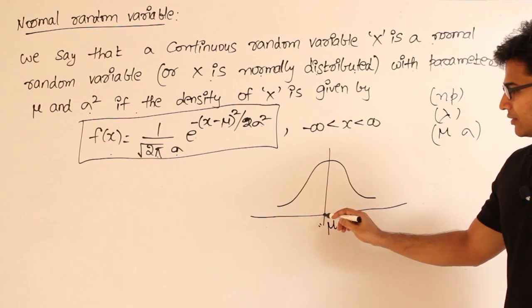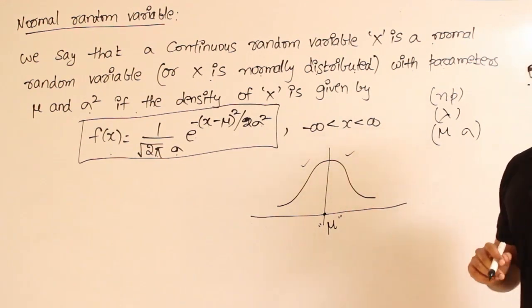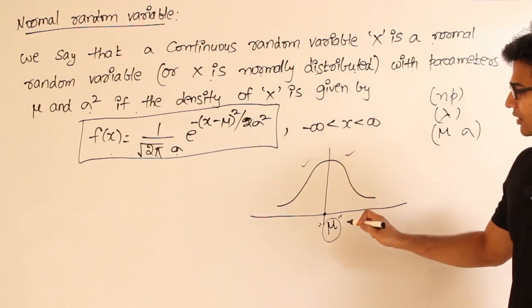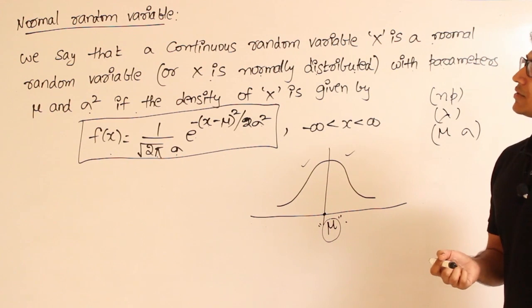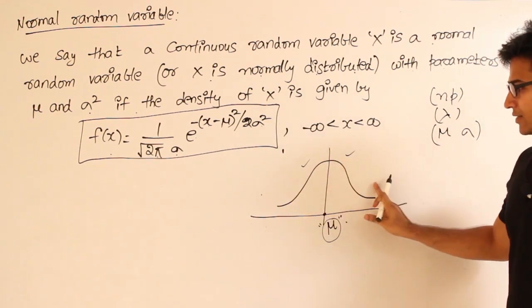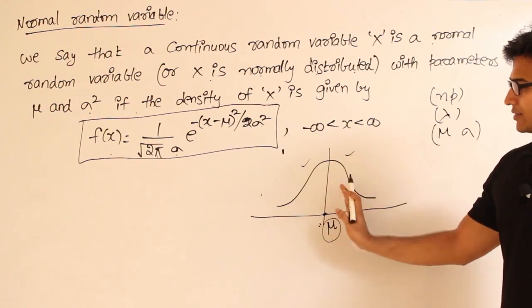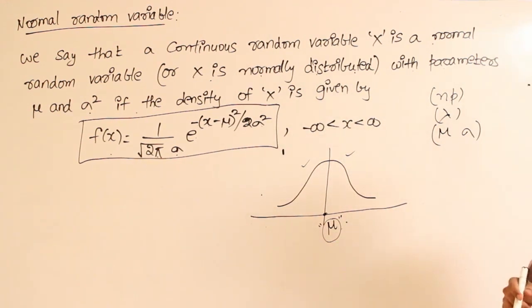On both the sides it will be the same. What is this mu and what is the significance of it, I'll tell you later, when we talk about expectations, okay? So just remember this formula and remember that it is distributed like this, it has a parameter mu, and it is symmetric across the mu, okay? We will see more about it later, okay?